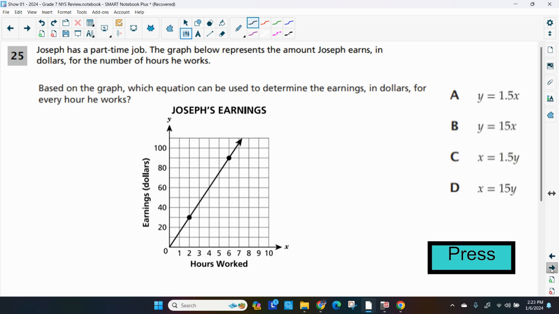All right, Joseph has a part-time job. The graph below represents the amount Joseph earns in dollars for the number of hours he worked. So this is Joseph's earning.